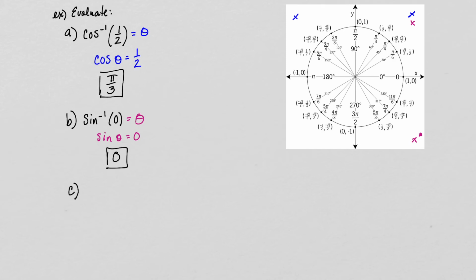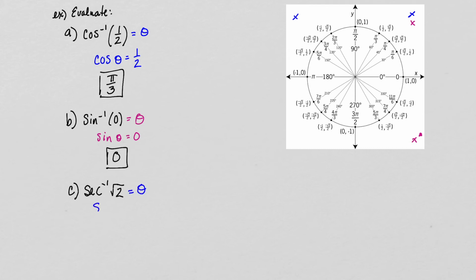Okay, C. So we're looking for the inverse secant of root 2. So again, remember inverse secant equals some angle theta.